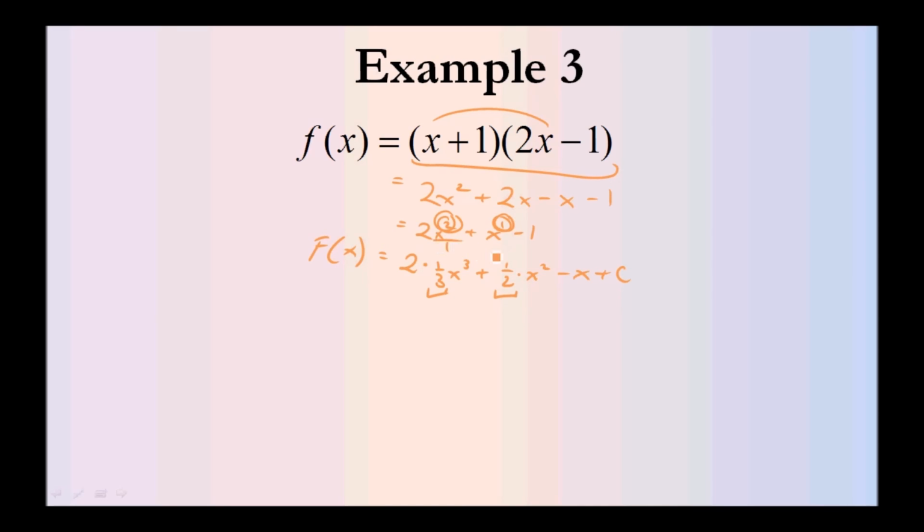Because both of these had a denominator of 1, 2 plus 1 becomes a 3 in the denominator. So 1/3 x cubed can also be written as x cubed divided by 3. And the denominator of 1 here plus the exponent of 1 here yields us 1/2 x squared, or x squared divided by 2.